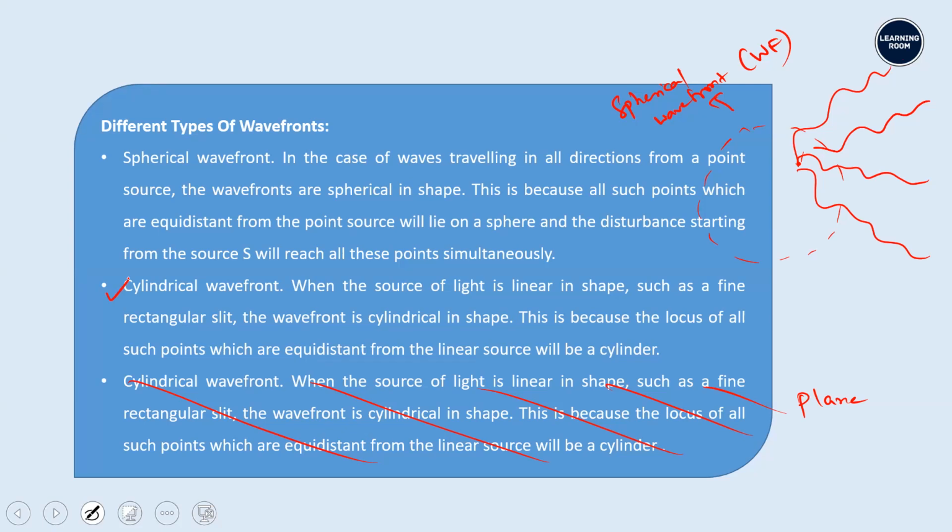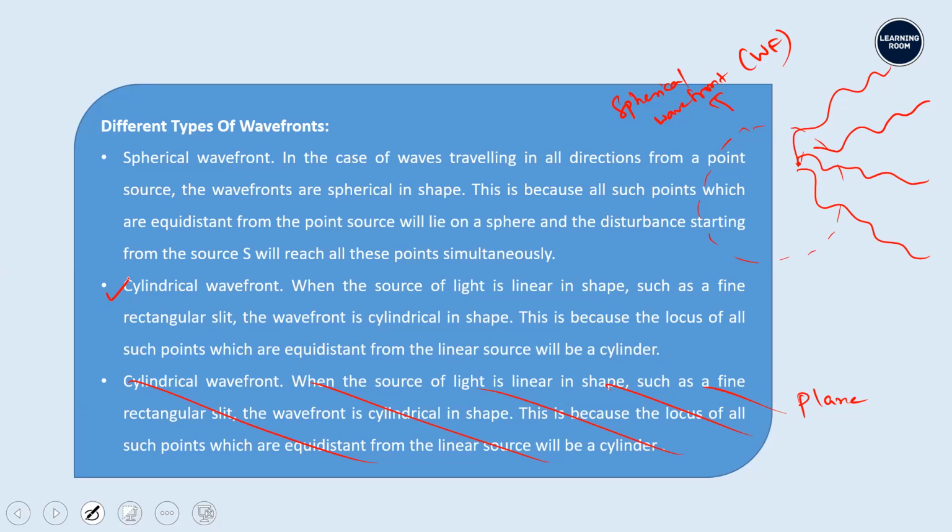A sphere. For a point source, the wavefront will be similar to it, a spherical wave. Similarly, for a linear source, we considered a cylindrical Gaussian surface. Here, the shape obtained will be a cylinder.